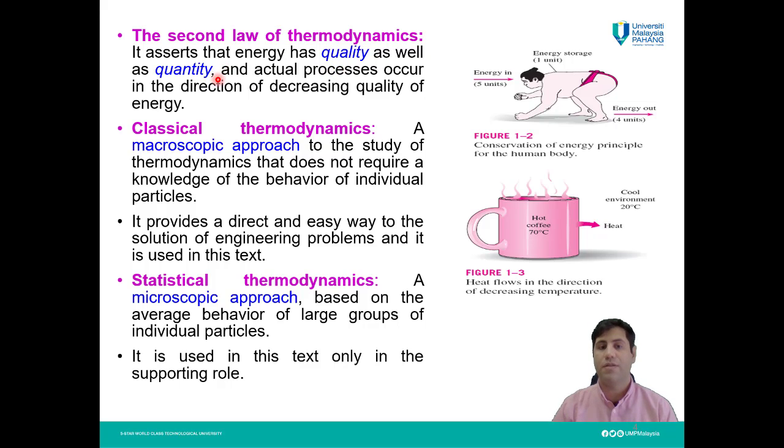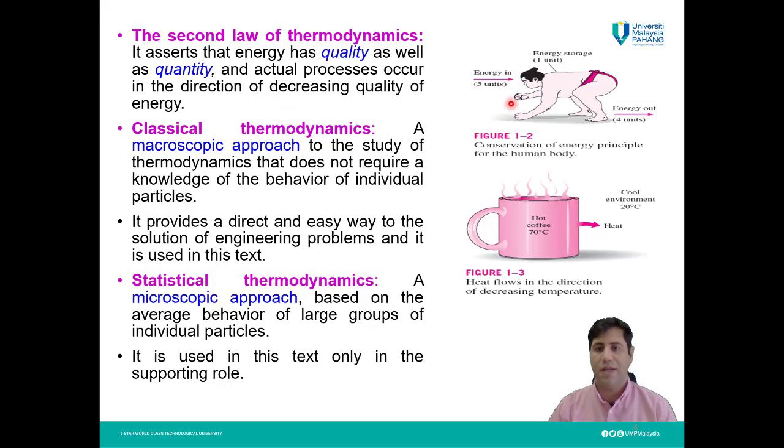An actual process occurs in the direction of decreasing quality of energy. In other words, in a system, the energy quality is always going to decrease until it reaches some equilibrium condition with its surroundings. Later we will see what the surroundings and the system are.